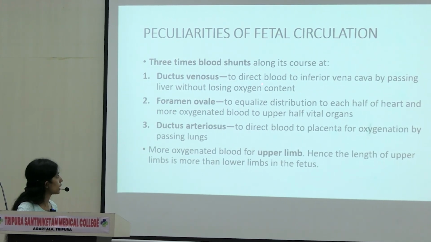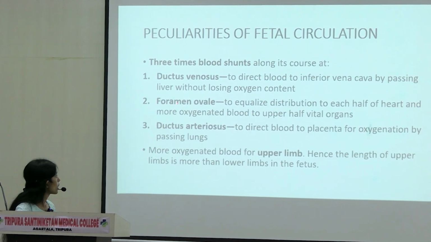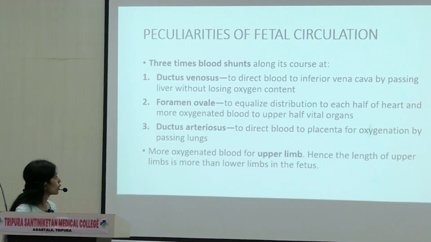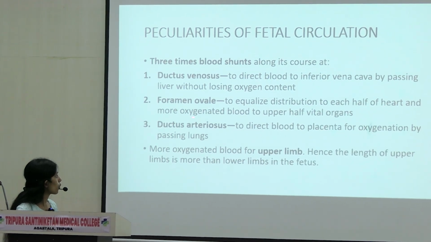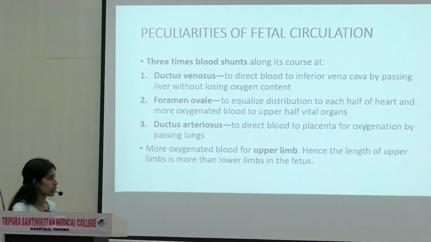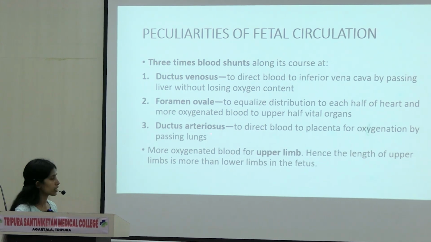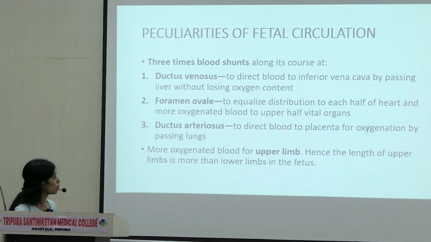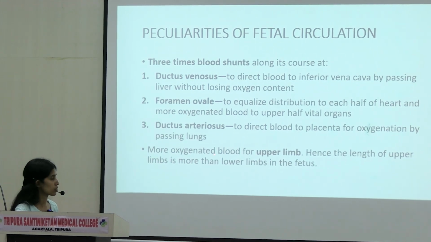Ductus venosus directs blood to the inferior vena cava bypassing the liver without losing oxygen content. Next we have the foramen ovale. It equalizes the distribution to each half of the heart and gives more oxygenated blood to the upper half, the vital or developing organs. The next structure is the ductus arteriosus. It directs blood to the placenta for oxygenation, bypassing the lungs.